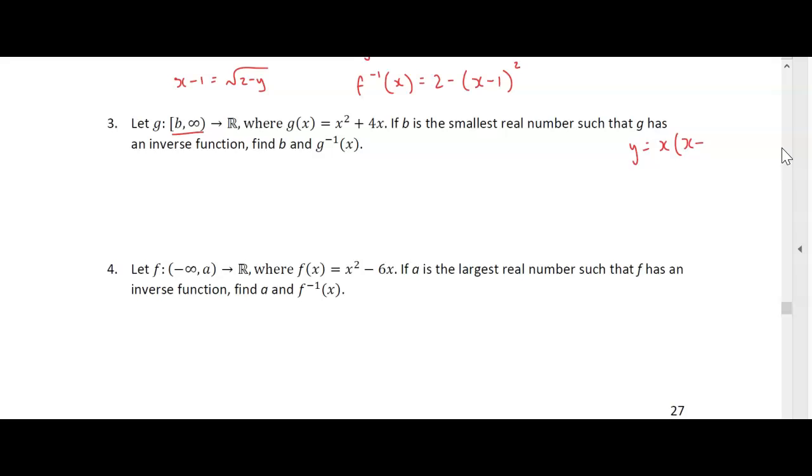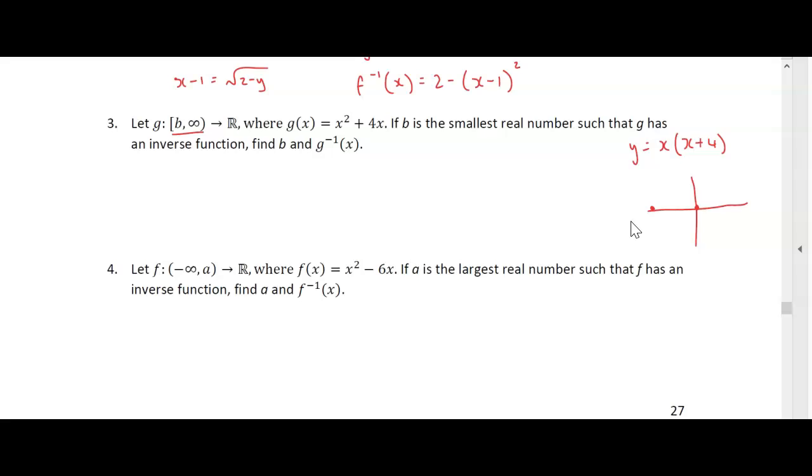All right, so x equals 0, x equals negative 4. So we know our x-intercepts.